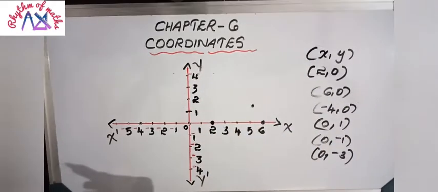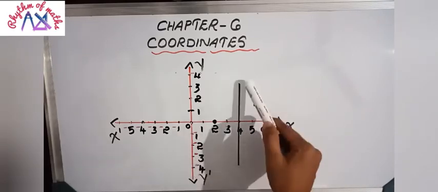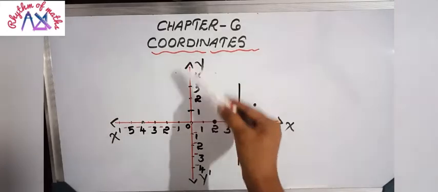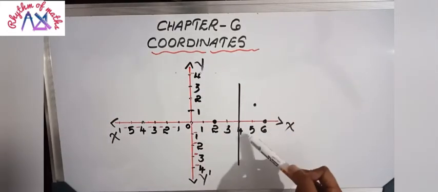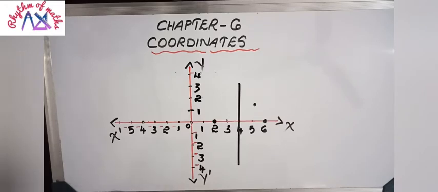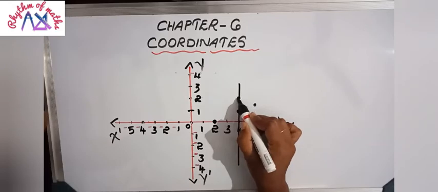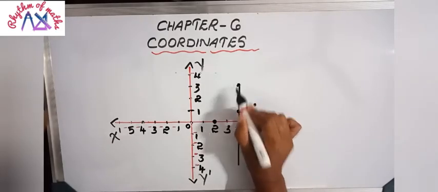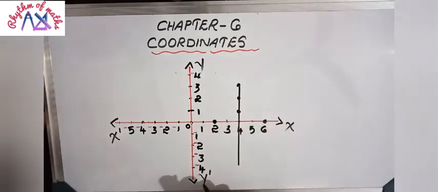Now if we have a line parallel to the y-axis, and in this parallel line we can mark one point here, one point here, and here, in all these points one speciality is there. Can you say what?